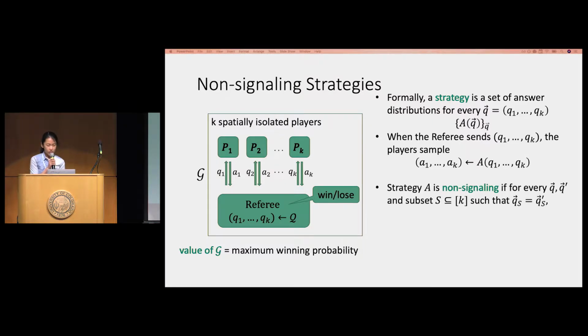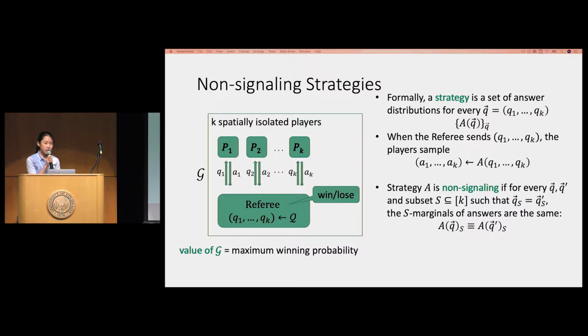We say that strategy A is non-signaling if for every pair of queries, Q and Q prime, and subset of players S such that the players in S are receiving the same queries in both Q and Q prime, then the S marginals of their answers are the same.